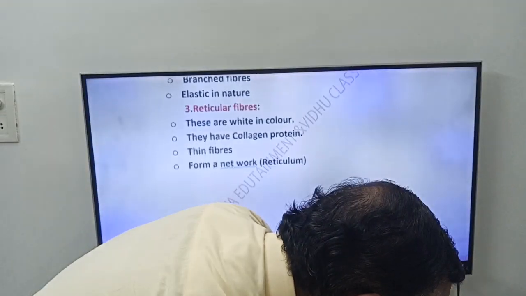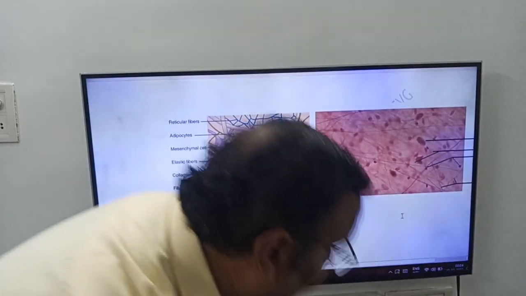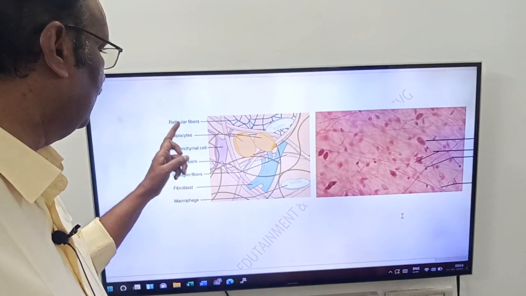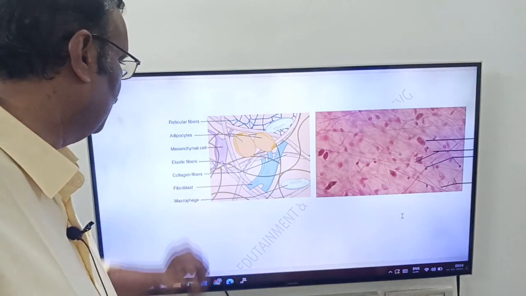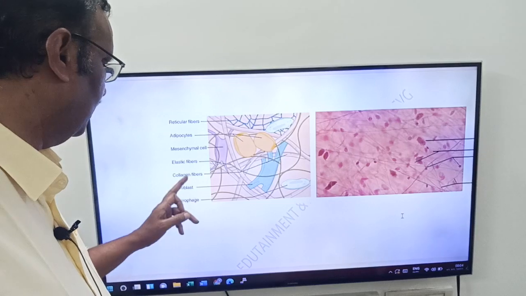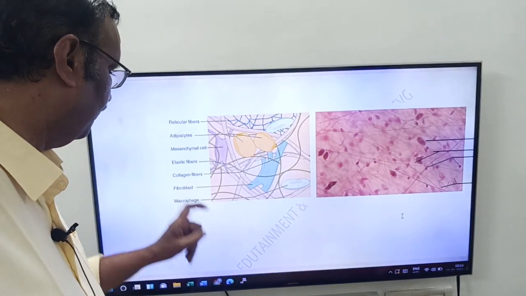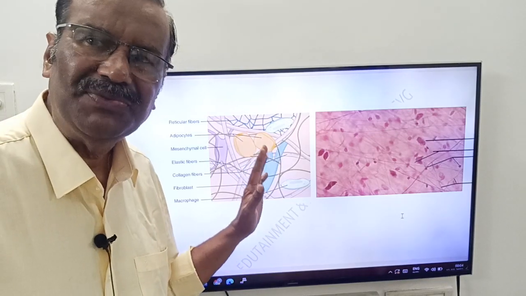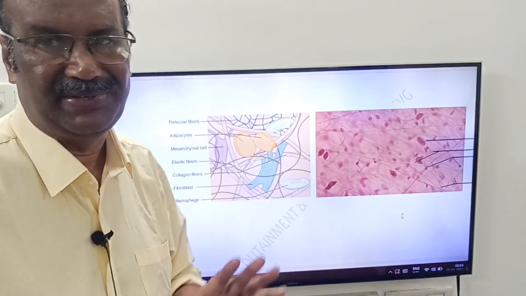Okay, friends. Now, see, friends, this is the areolar connective tissue. See, friends, reticular fibers, adipocyte, mesenchymal cells, elastic fibers, collagen fibers, fibroblasts, and macrophages. So it has all types of cells and all types of fibers.